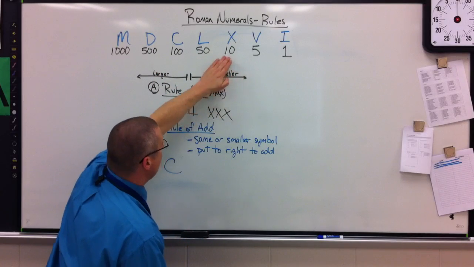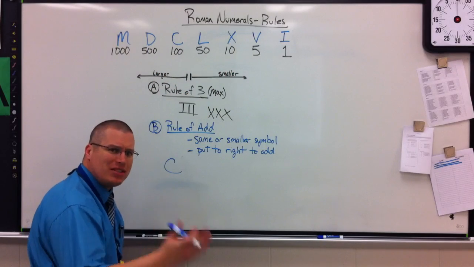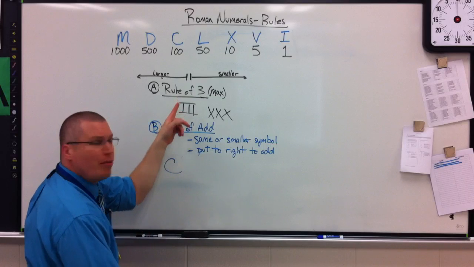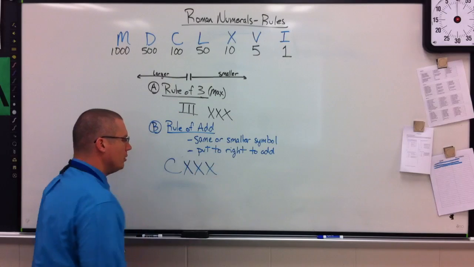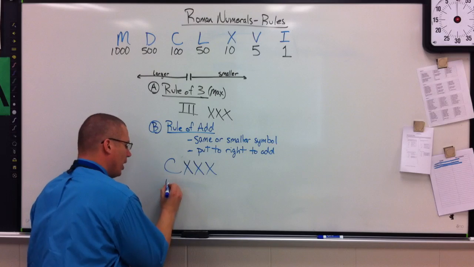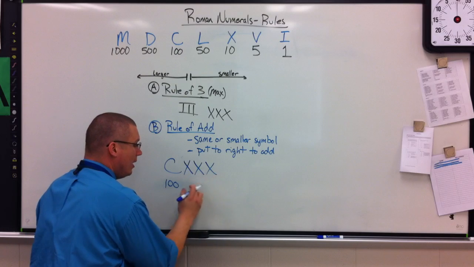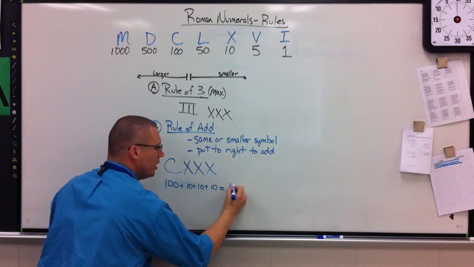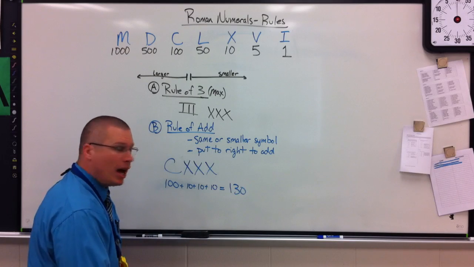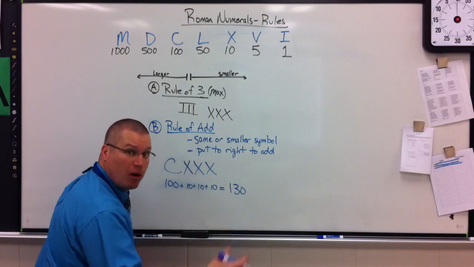I could take C and add anything to the right of it. I could add 10. What's the most 10s I could add? Remember my rule of 3, I'm allowed to add 3 10s. I could do this. C is worth 100. Every X is worth 10. 10 plus 10 plus 10. So this would be 130. I could keep this and I could add on a smaller symbol.